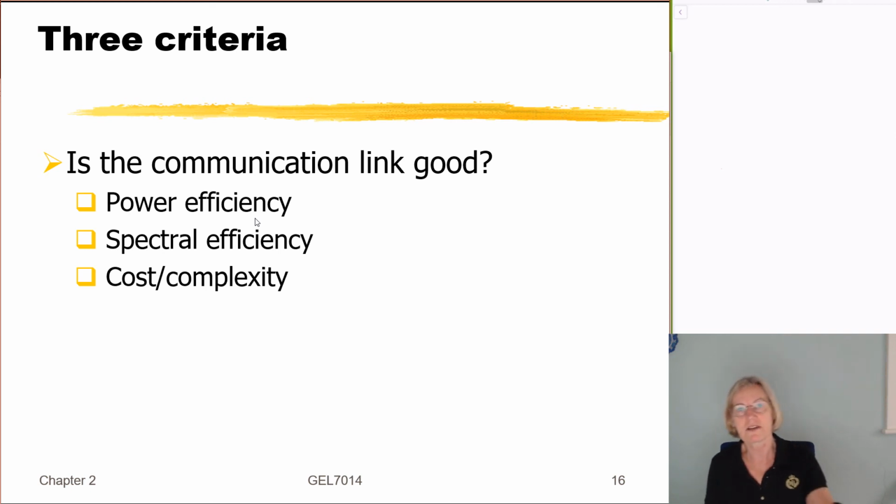I'm translating my data so slowly. So I always return to this idea of being 3 criteria that are used to evaluate how good the communications link is. And there's always a trade-off in these. I can't get something that's perfect in all 3 criteria. So what I'm going to do is, in any sweet spot, I'm going to pick. And line codes are one of the things that are going to let me balance off, trade off what I want to achieve in terms of these 3 different criteria.